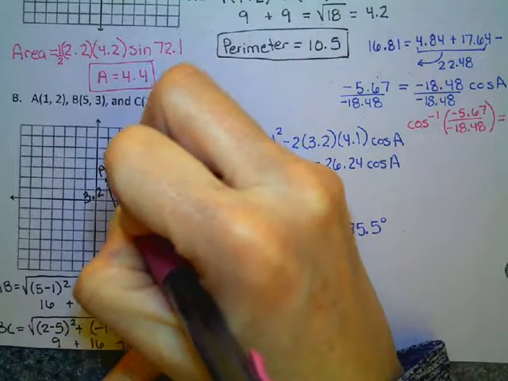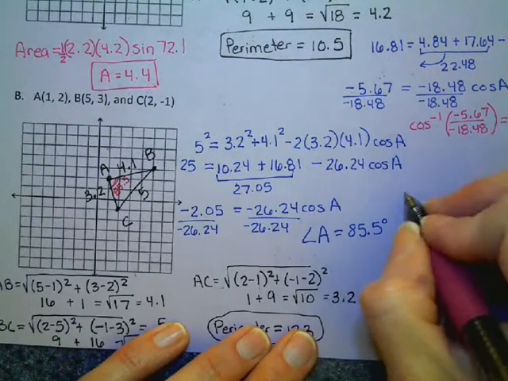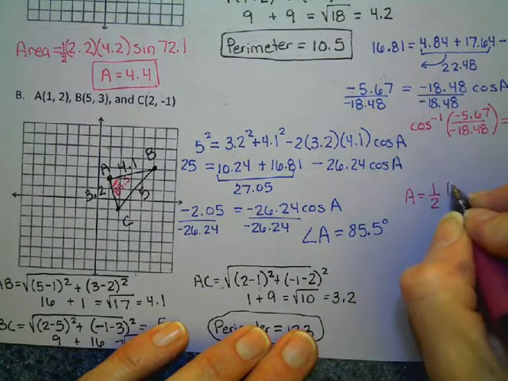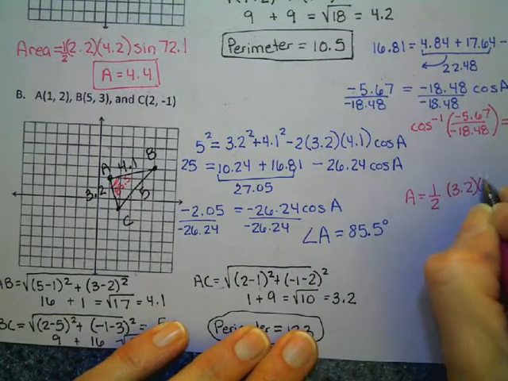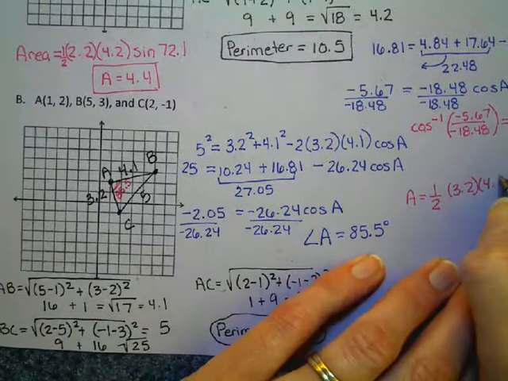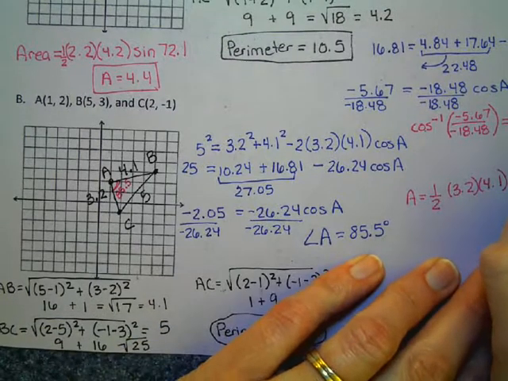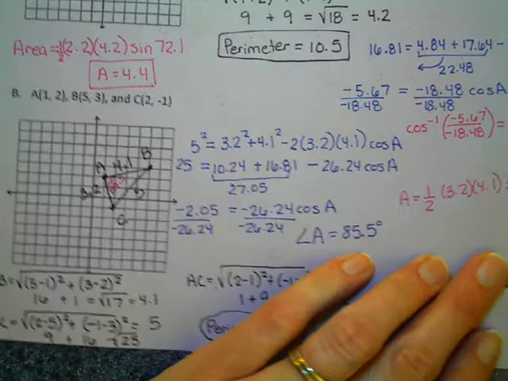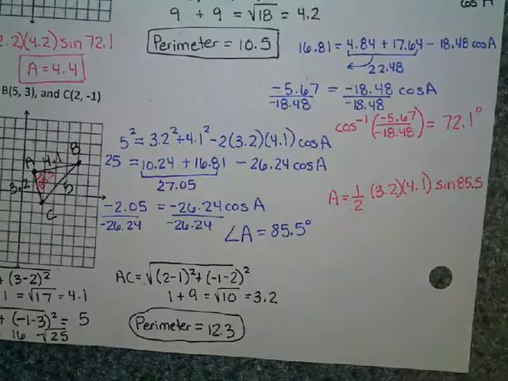Okay, so we need that to then use the area formula. The area formula, if we put in here, that is 85.5. To find area, you take 1/2. The sides of that would be 3.2 times 4.1 times sine of 85.5.